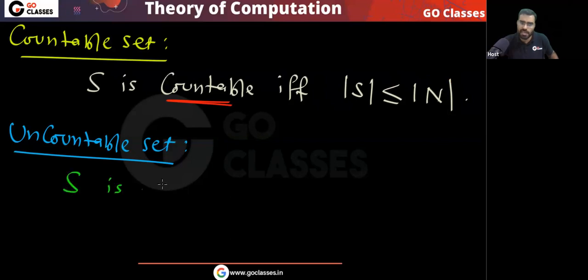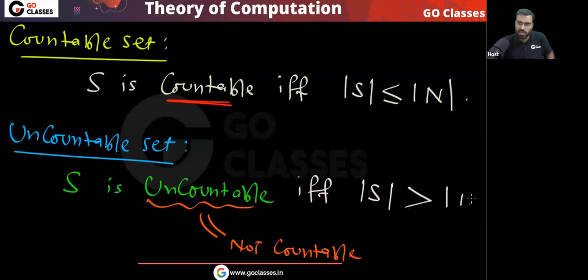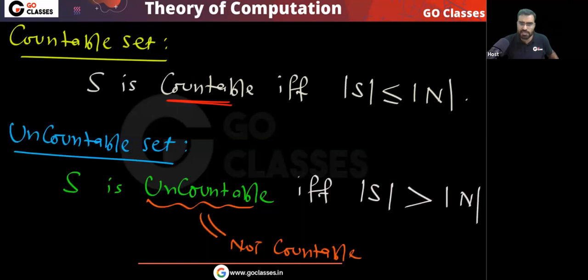Uncountable simply means not countable. So when can I say S is not countable? S is not countable if and only if size of S is strictly greater than size of N. Yes or no? This is the definition of an uncountable set.